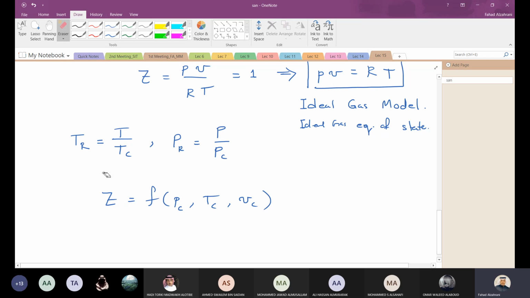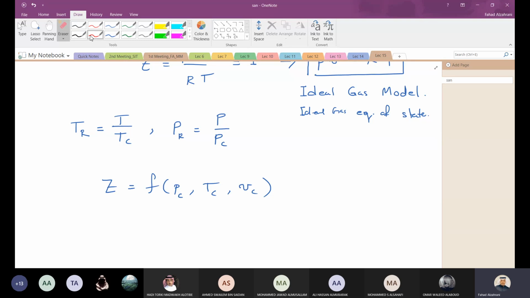But the idea, guys, is that instead of drawing Z versus P for different T, remember these are T lines, T1, T2, they said let us draw Z versus P reduced, which is P over P critical, and T over T critical.